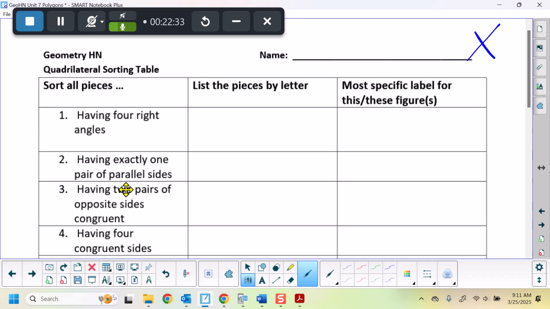So list all the shapes that have 4 right angles, sort them out, and then I want you and your partner to think about some prior knowledge, some background stuff, some 3rd, 4th, 5th, 6th, 7th, 8th grade geometry. Tell me what you think we call these shapes. Do you know the vocabulary term for this type of quadrilateral?